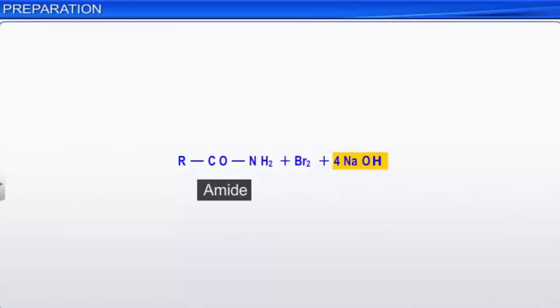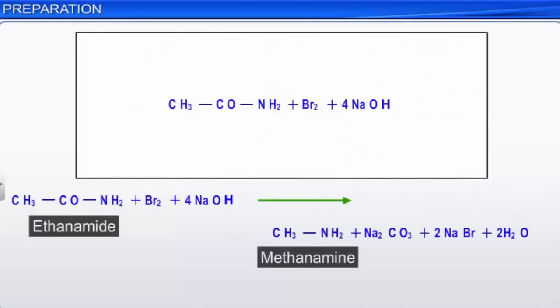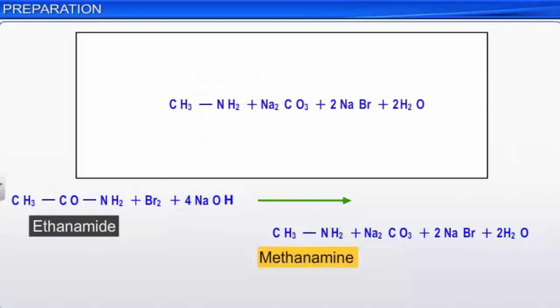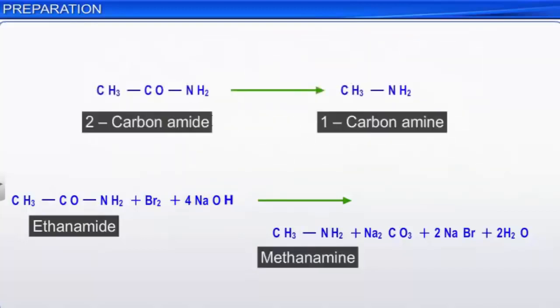For example, ethanamide on treatment with bromine in the presence of sodium hydroxide gives methanamine. Note that in this reaction, the resultant amine formed has one carbon atom less than the parent amide. Hence, this reaction is used to step down the carbon chain.